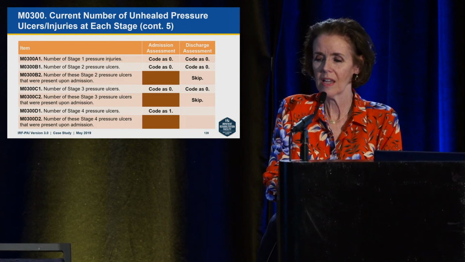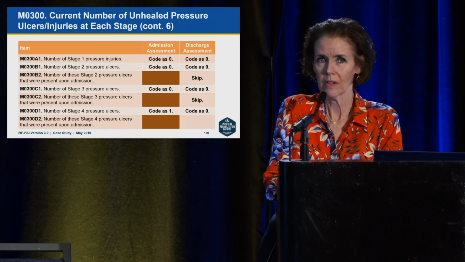The number of stage 4 pressure ulcers, discharge assessment, the correct code is 0. The number of these stage 4 pressure ulcers that were present on admission is properly coded as skip.